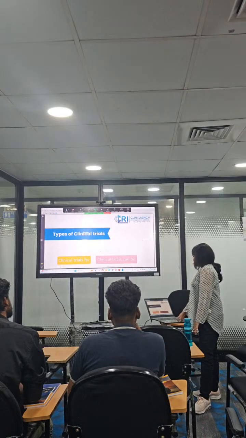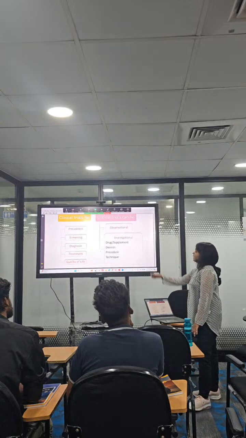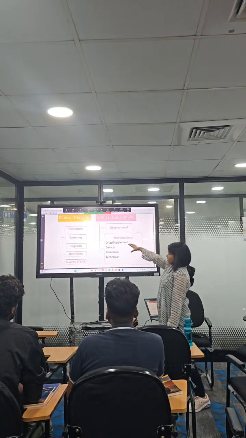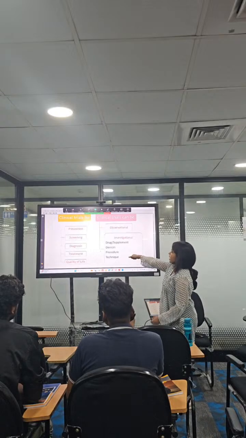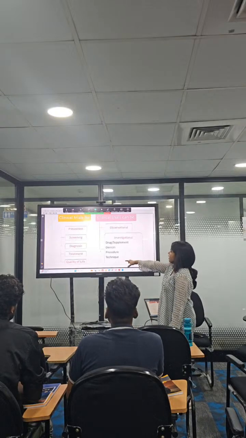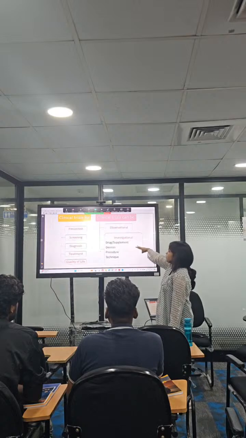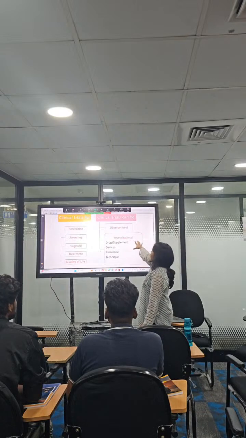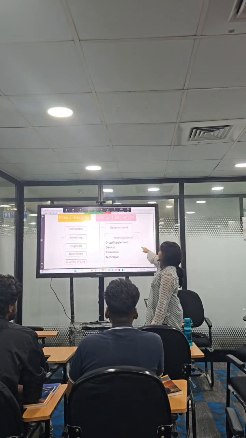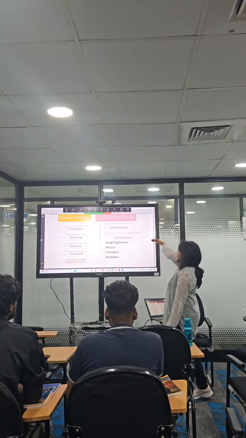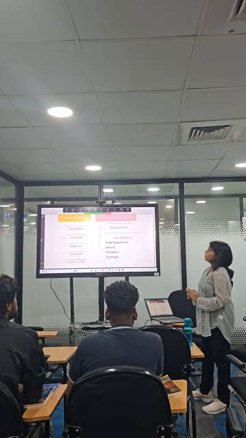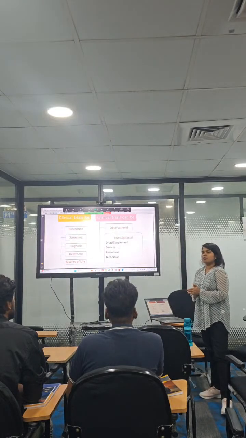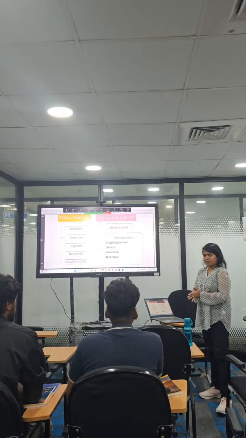See, these are the types of clinical trials: trials for prevention, during screening and diagnosis, and at the time of treatment and quality of life. How is it categorized? There are two types: observational studies and investigational studies. What is the difference? Observational studies means you can observe the symptoms and the outcome of the study.